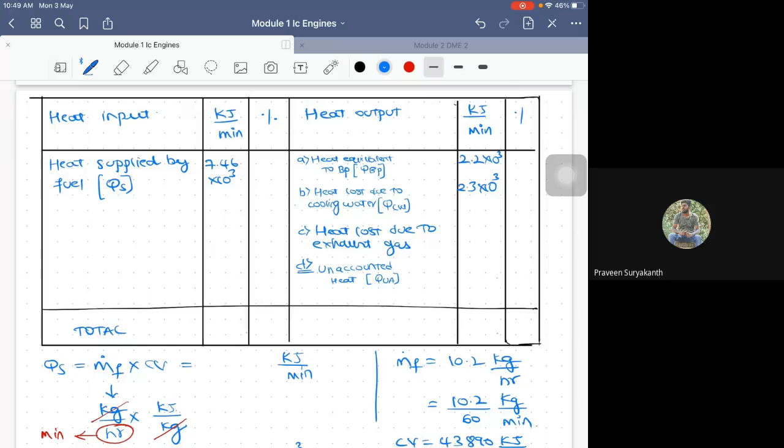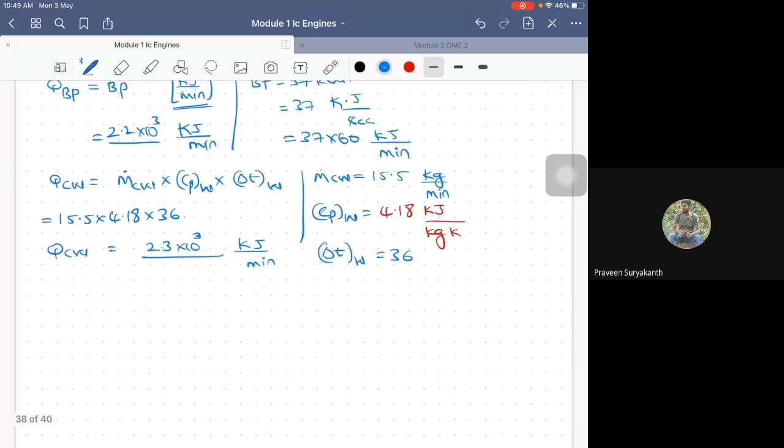And next one is heat loss due to exhaust gases. That is QEG. For that, the formula is mass flow rate of air cross Cp of the exhaust gas cross the temperature rise of air. So what are the parameters given there?